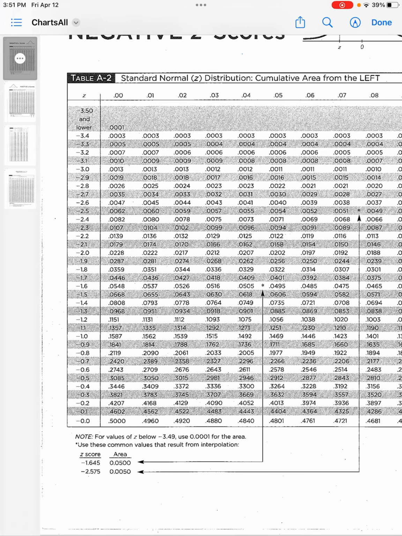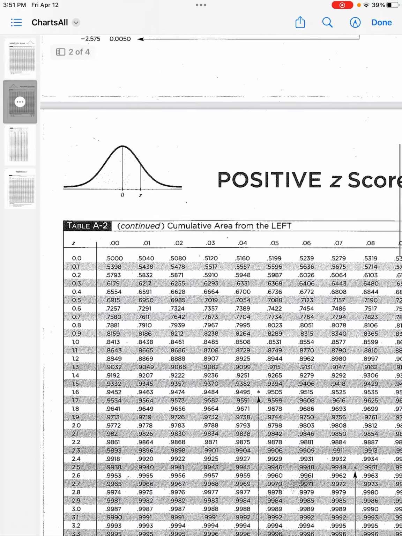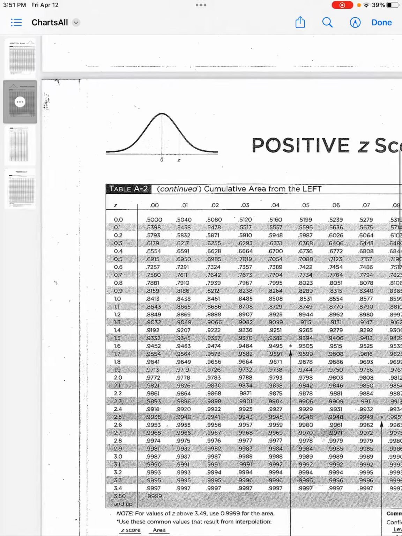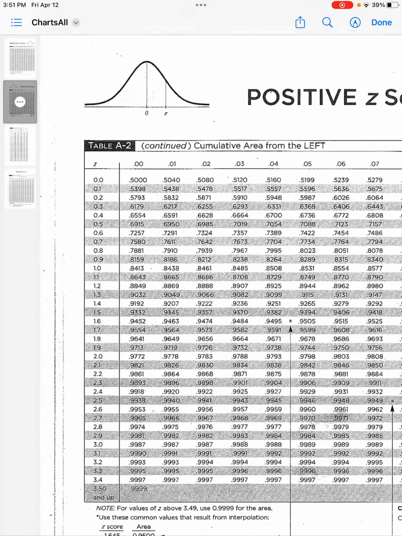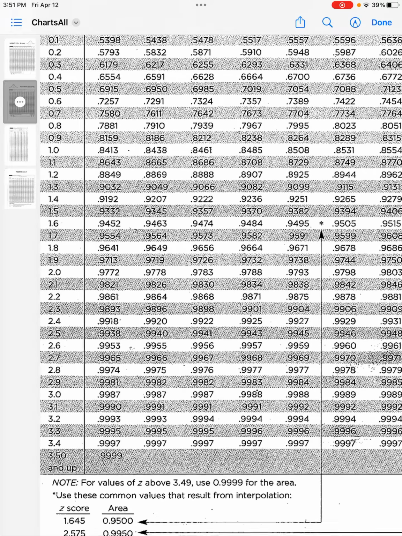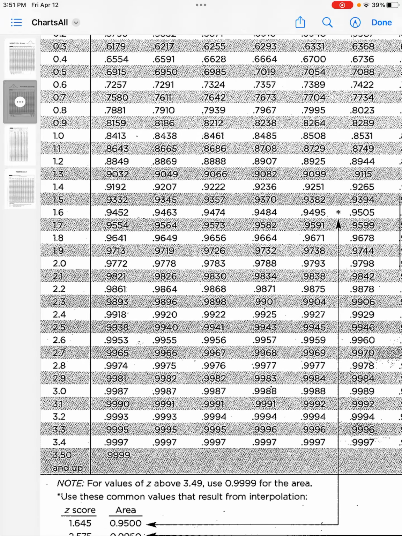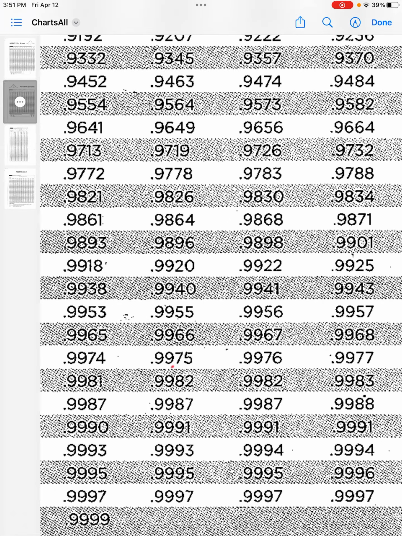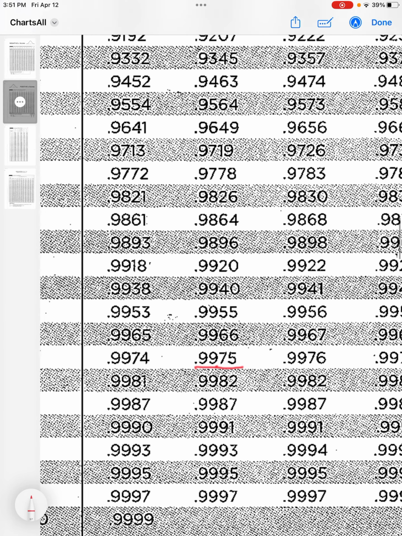As we go look at the chart, we're looking for 0.9975. And we're looking at it as an area to the left. So this is a chart that is similar, but a little shaded differently than what you have. So if we look for 0.9975, I see it. It's right here, right? There's my 0.9975. And where is it?